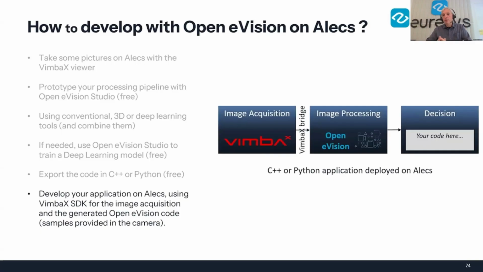The third part is to code the decision, so check the dimensions or the results of the defect detection. You have to put your decision code at the end. We provide with Alex a set of samples to demonstrate and help you build that kind of application. On Alex, of course, you can use C++ or Python applications using the same principles.